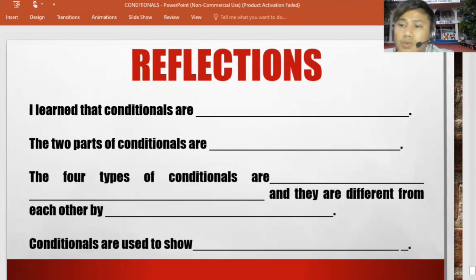How do all these types differ from one another? And lastly, conditionals are used to show. Show what? So let me know your thoughts about conditionals by answering your reflections.